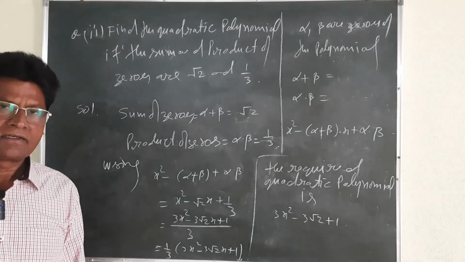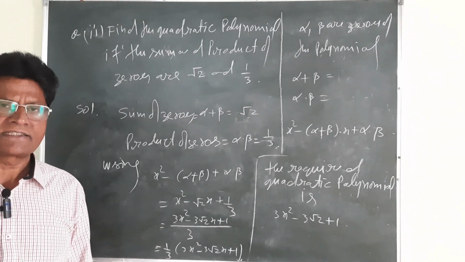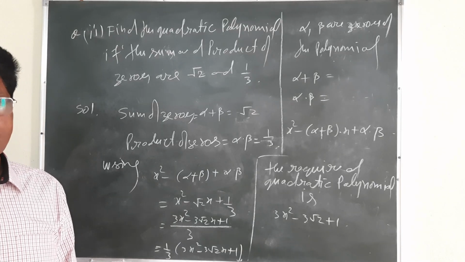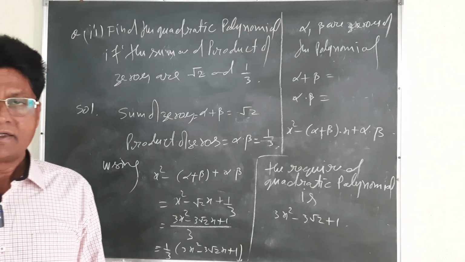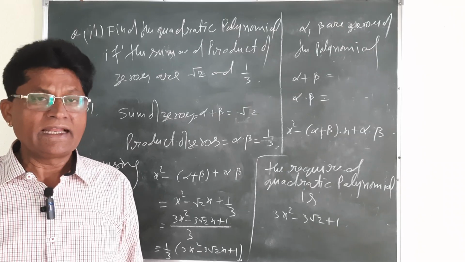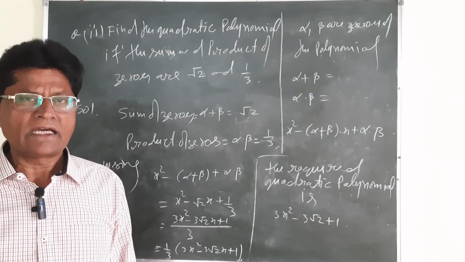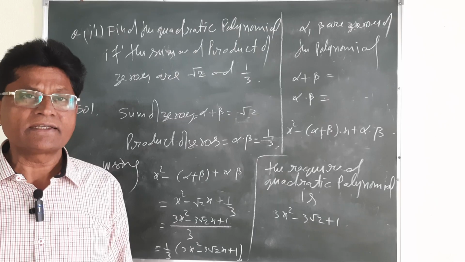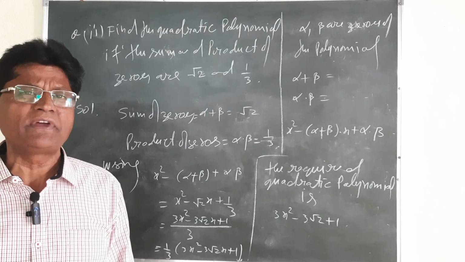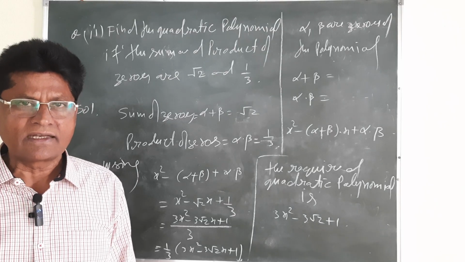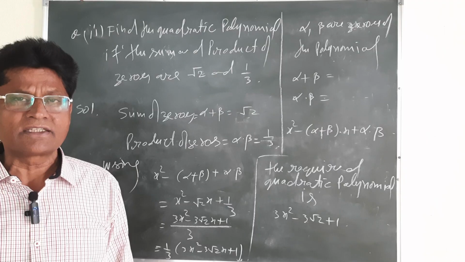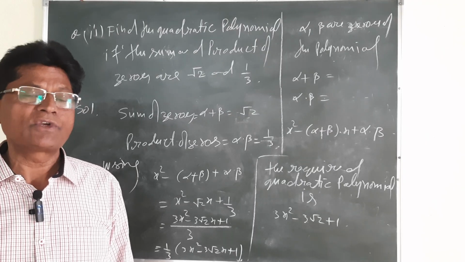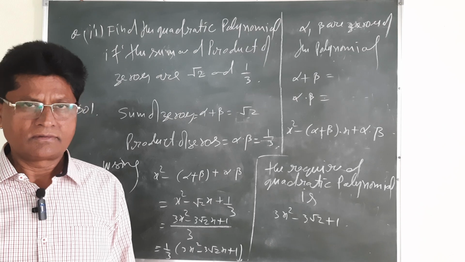You must collect some questions for practice, so that you get good practice and can find the solutions of different types of questions. In the next video I will start the next chapter, arithmetic progression, which is very important, not only in class 10, where only the basic concepts are given, but in higher classes, class 11, 12 and so on.